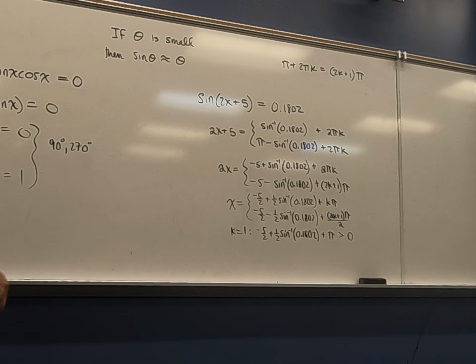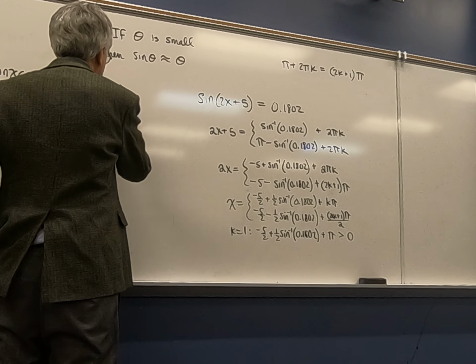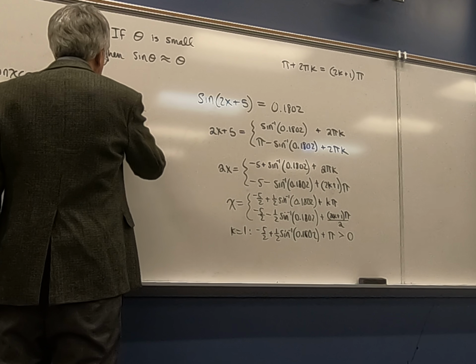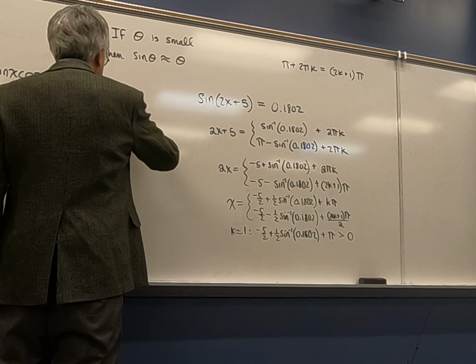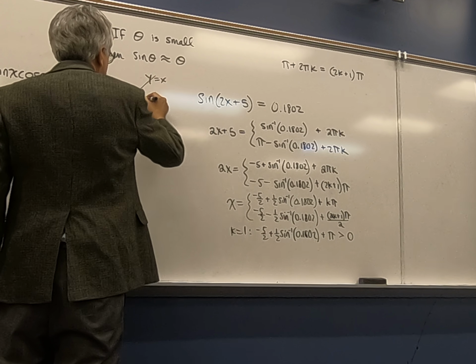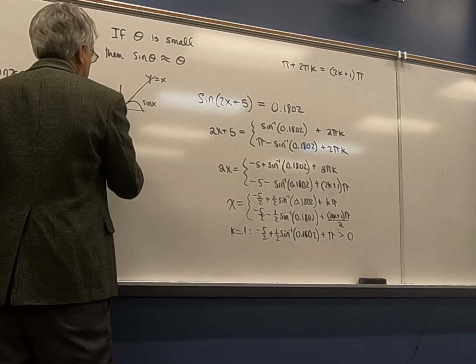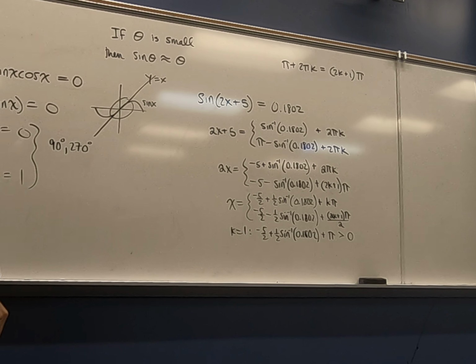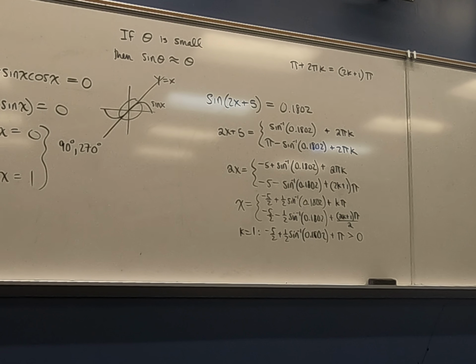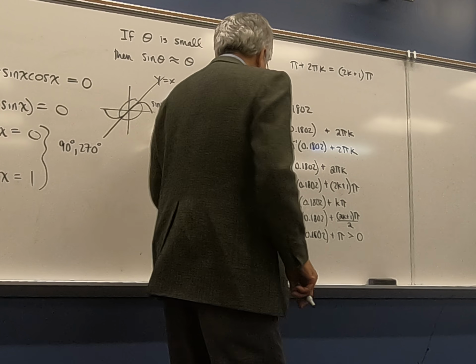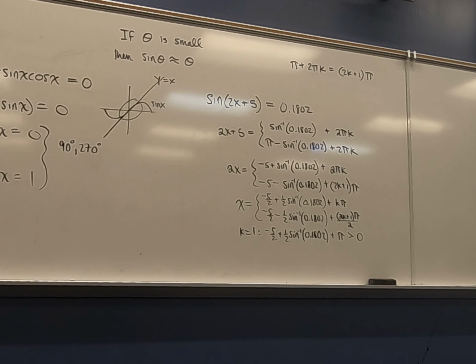Why is that? Well, look at the graph. Here's this graph of sine theta. Here's the graph of y equals x, or sine x here. And look in here, they're pretty much the same thing, right? So for small x, x and sine x are about the same. So, should we do it on the calculator?